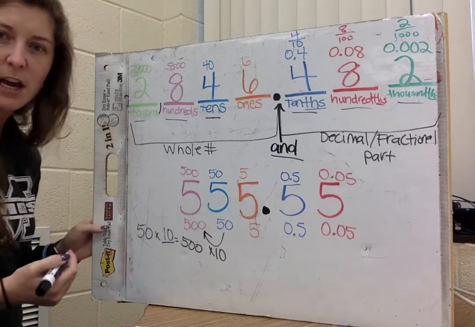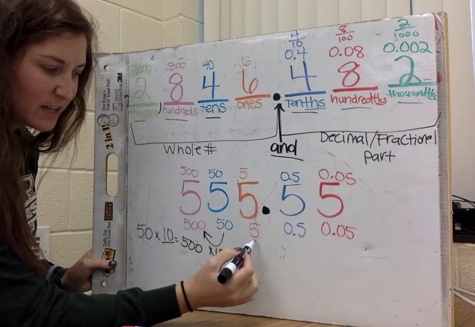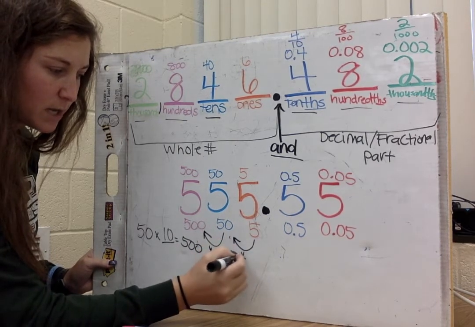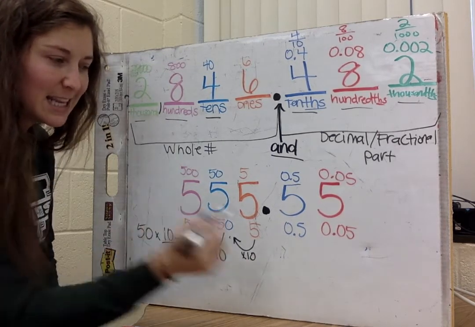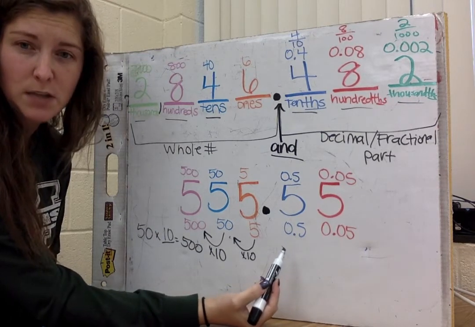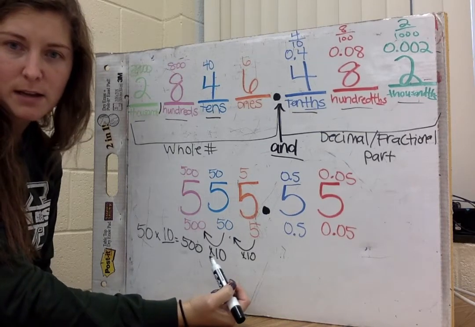So I need to see if that checks out with all the other numbers. 5 times 10 would give me 50. And then this is where it gets to the tricky part, because we haven't learned how to multiply with decimals yet. So you guys are going to be learning something called Don't Let Mom Rap in class.